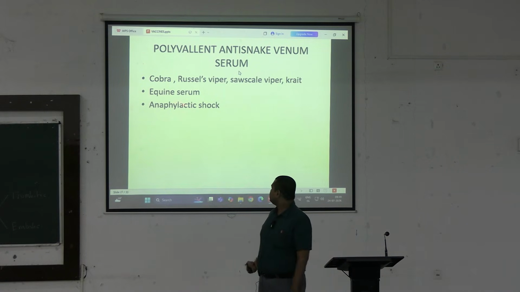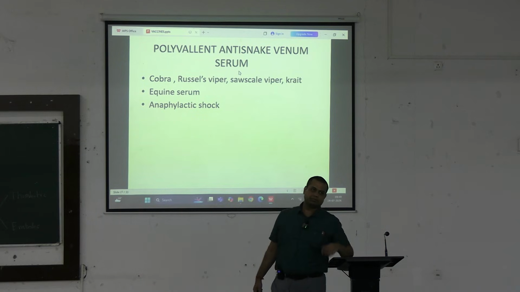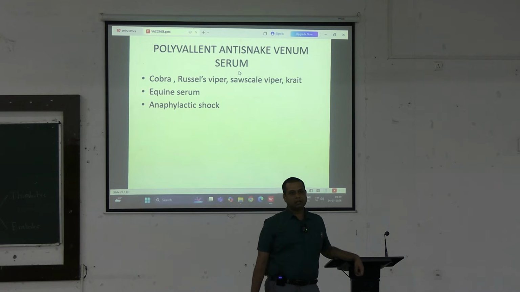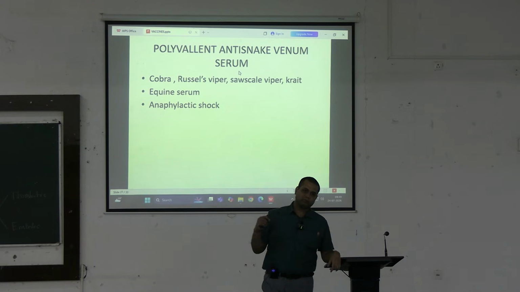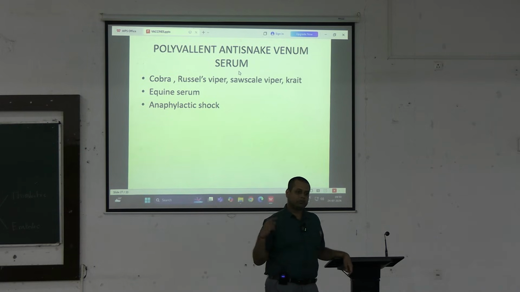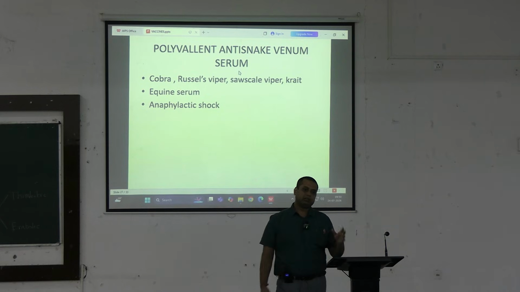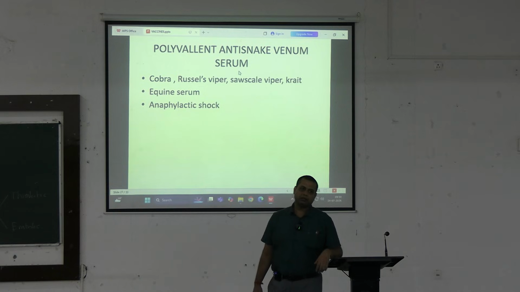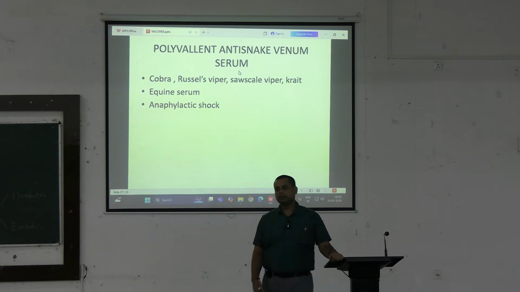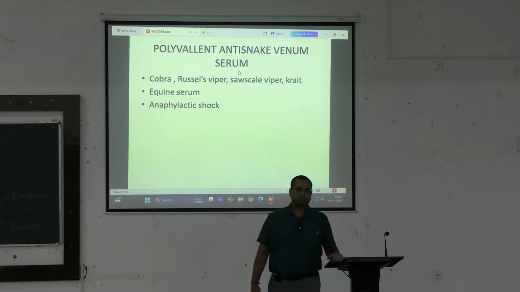So equine serum is produced the same way. Horse is injected with small doses of venom, it starts to produce the antibody, horse serum is collected and purified, samples are purified, immunoglobulins are taken. So what may be the adverse effect? Pritam, say, what may be the adverse effect?